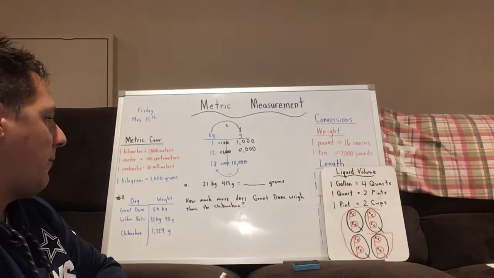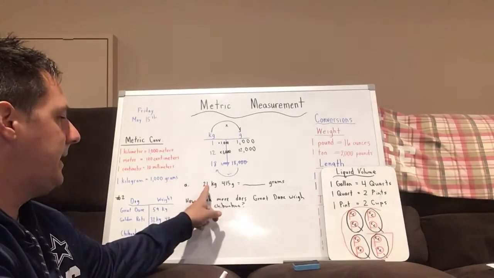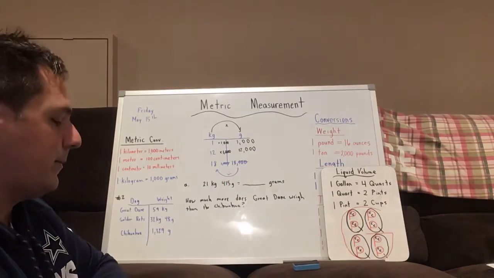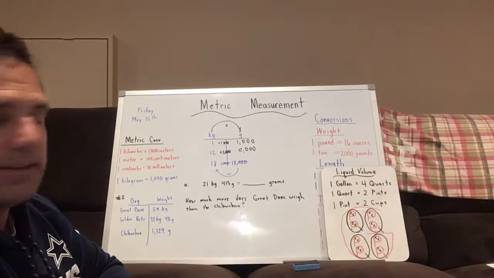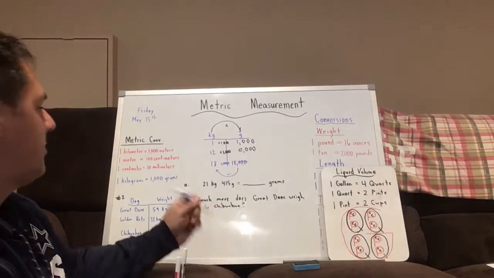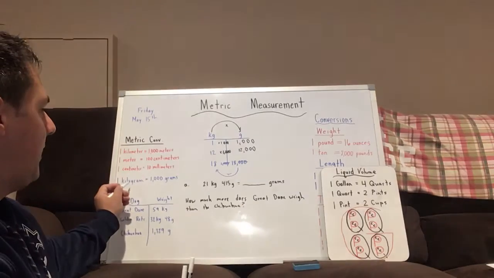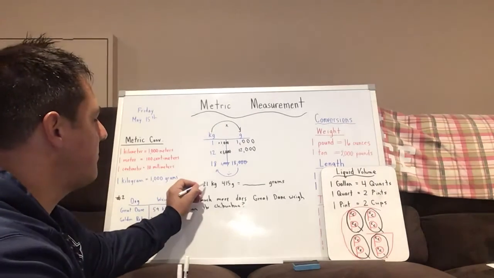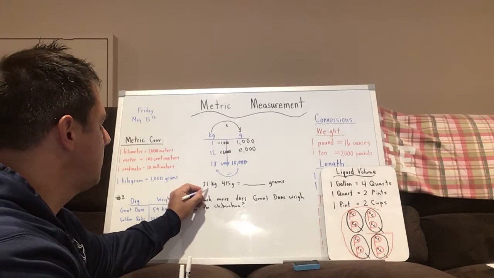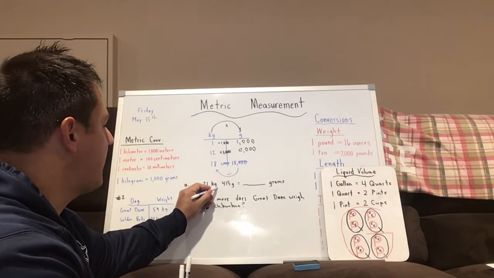The second type of problem you're going to do today is you're going to be given some kilograms and grams, and you're going to have to convert them all to grams. And all you're really going to have to do today is change the kilograms into grams. So if I remember my equation, 1 kilogram is 1,000 grams. I'm just going to multiply 21 times 1,000.